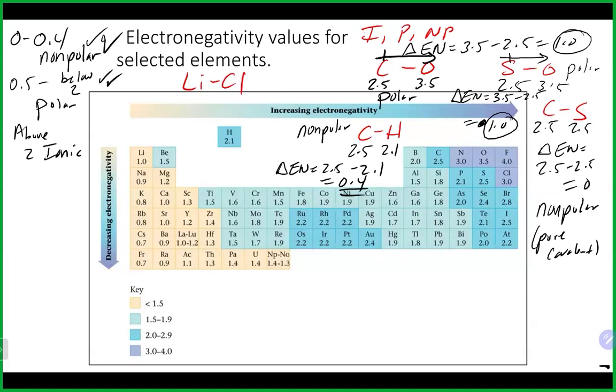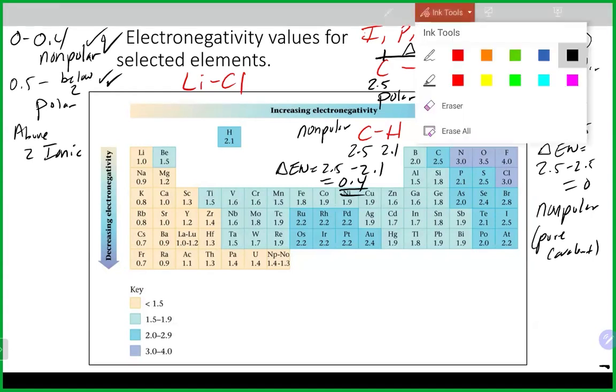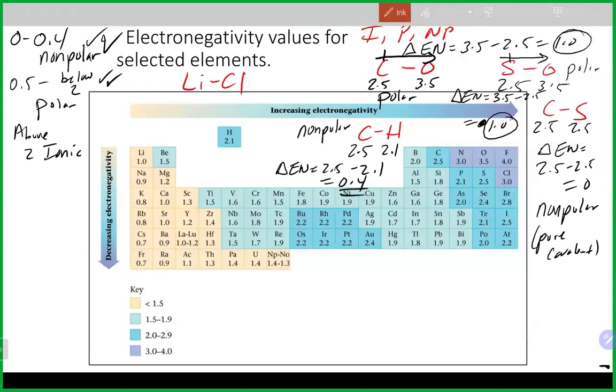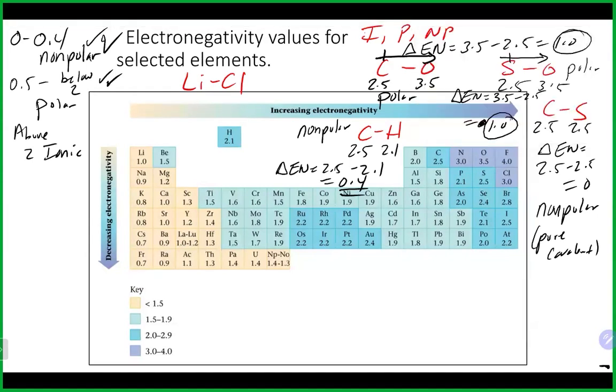Now, that brings up a good point, that is basically two different elements that actually share the same electronegativity, and that can happen. So if you have two elements that are the same, obviously within a bond, they're going to have the same electronegativity, but you could also have two elements that share the same electronegativity that are different. The relationship that comes from is what is sometimes referred to as the diagonal relationship on the periodic table. Carbon is here, sulfur is there.